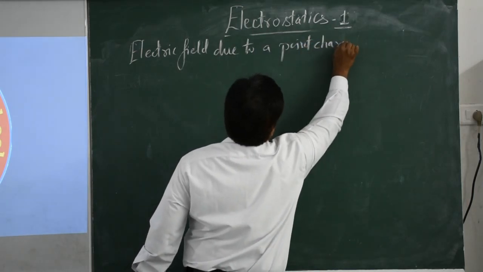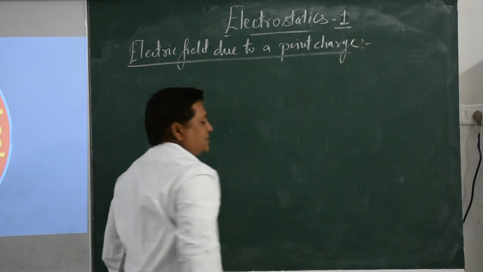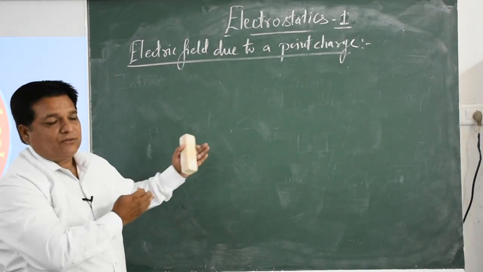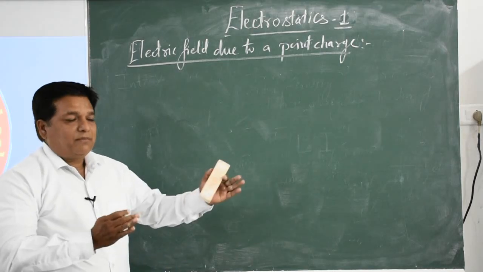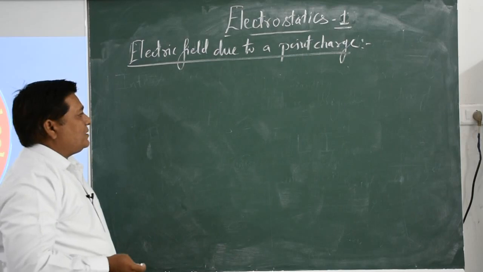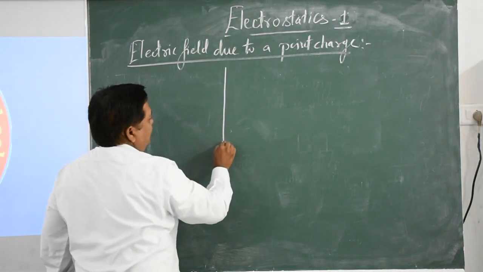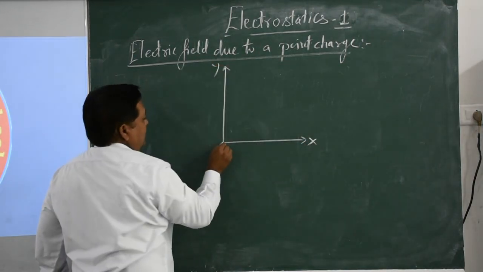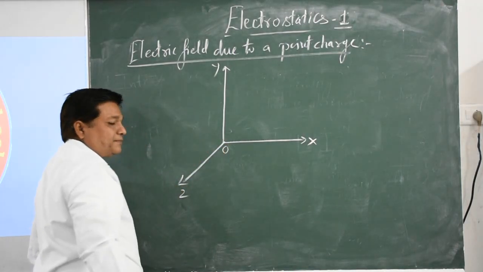Now we are taking a point charge here and we have to find out the electric field due to this point charge. We can find it in a simple way also by considering a source charge and test charge. There may be some distance between the source charge and the test charge, but I want to take this in a coordinate frame. So let us take the coordinate frame for this: X-axis, Y-axis and there may be Z-axis. This is the origin here.